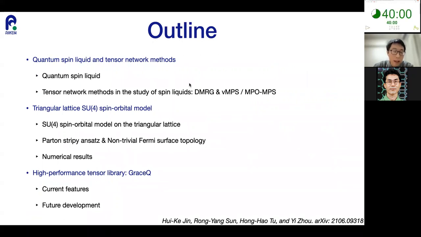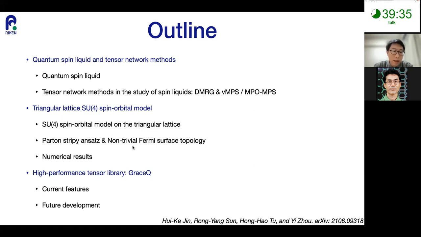In the first part of my talk, I will briefly introduce quantum spin liquid, and I will also introduce the tensor network methods used in this work, and discuss why tensor network related methods are suitable for the study of quantum spin liquid.